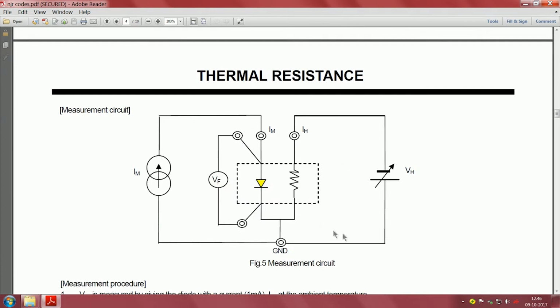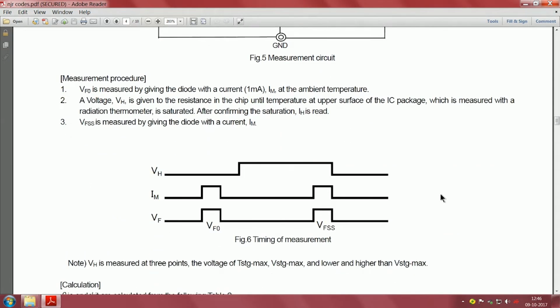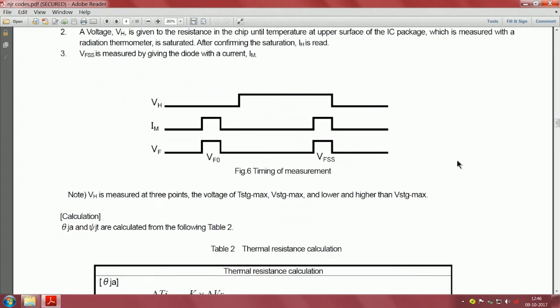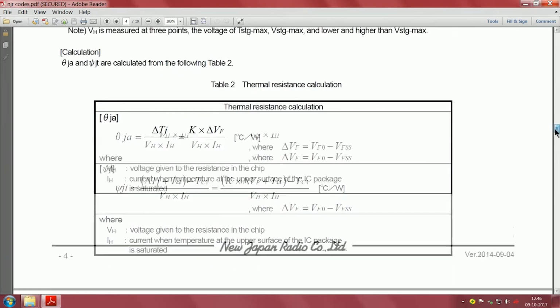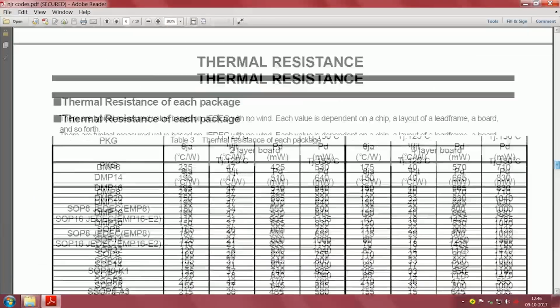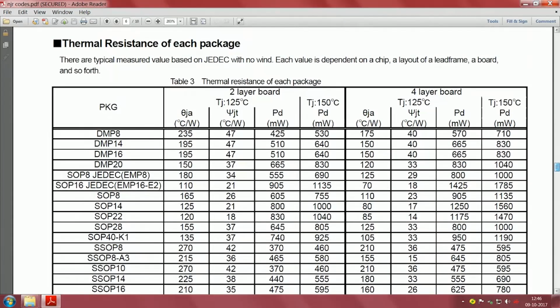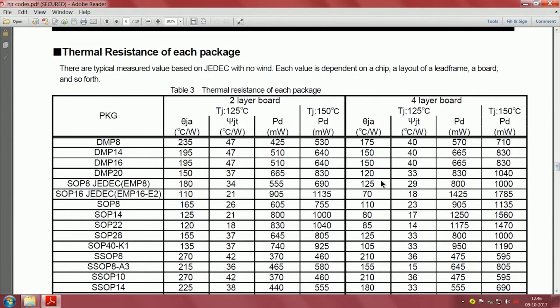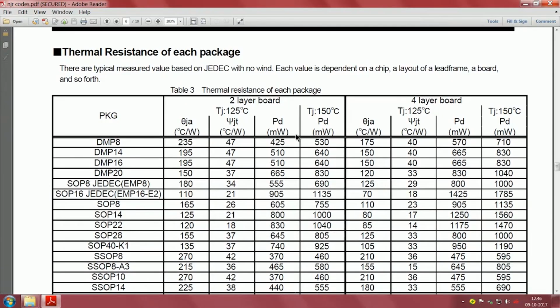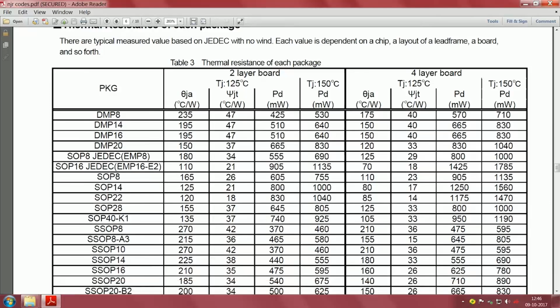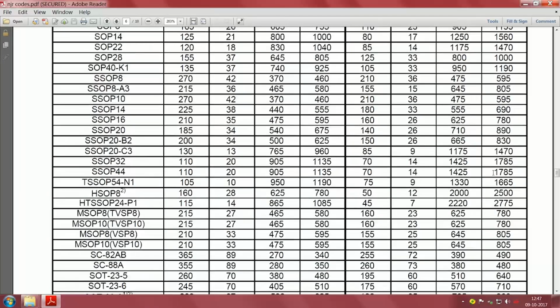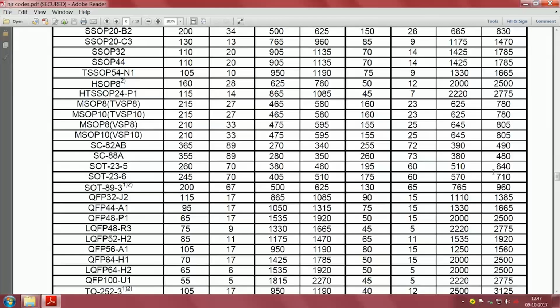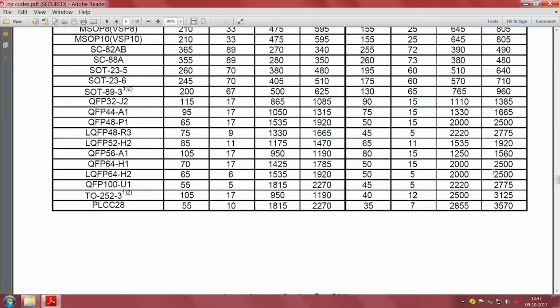So we have all these models, and how to make the circuit and how to generate heat in the first instance. We have so many of these things saying what the power dissipation is on a 2-layer board, 4-layer board, anything you can think of, probably already calculated and kept.